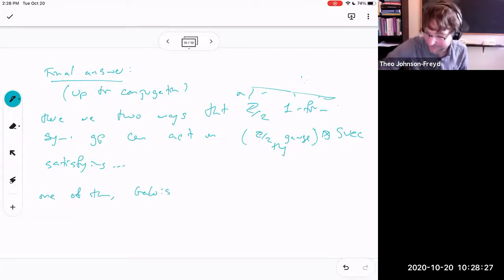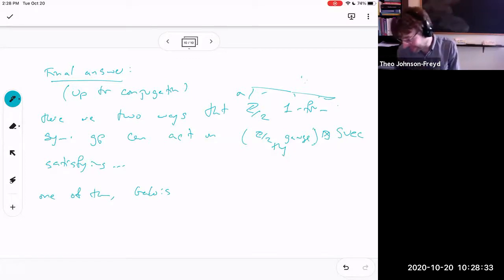I can't keep writing on the screen because apparently these don't have an infinite battery life. Little did I know. So in one of them, the Galois group acts with a 't Hooft anomaly, and the other it does not.